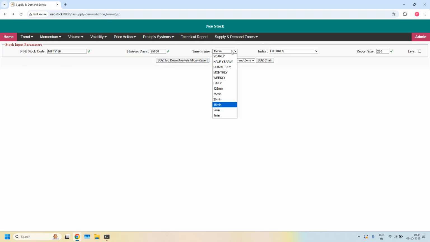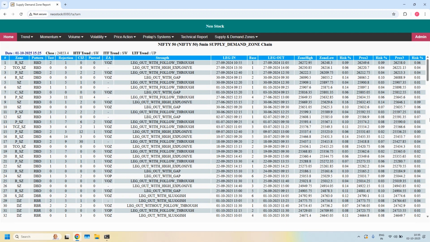Next, generating 5 minutes supply demand zone chain for NIFTY. And the nearest demand zone for the current closing price is serial number 28. I will put it in the middle of the page.